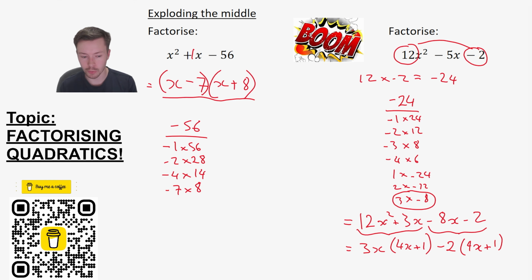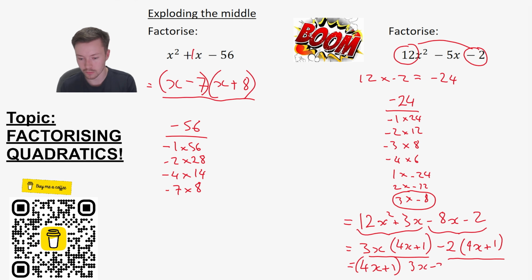Now at this point I'm basically done, because both of these terms have got a factor of 4x plus 1 in them. So 4x plus 1 is one factor, and the other factor is 3x minus 2. So that's it.